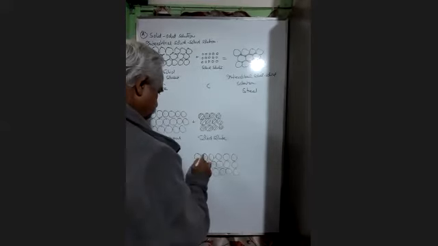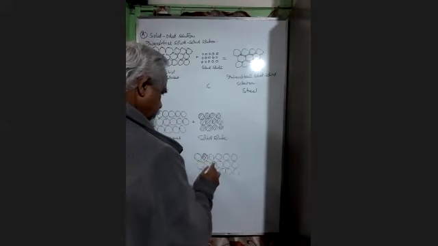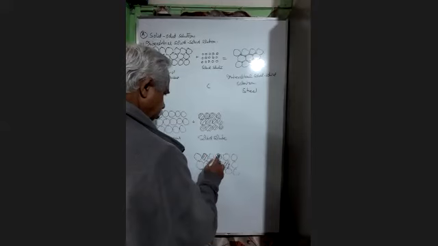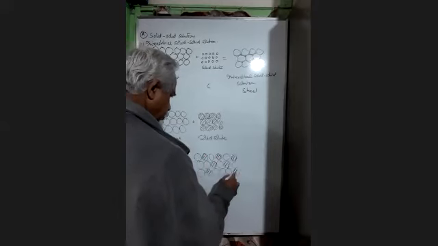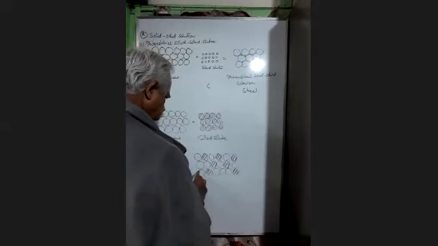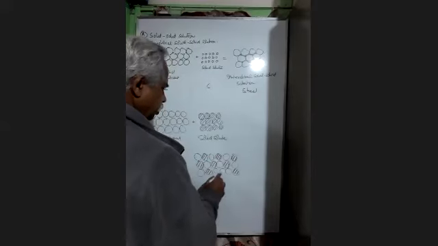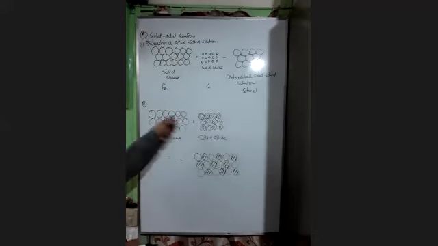Now see, it will be like this. They will displace. It may be like this, because the sizes are the same, so this one will fit in the place of the other.